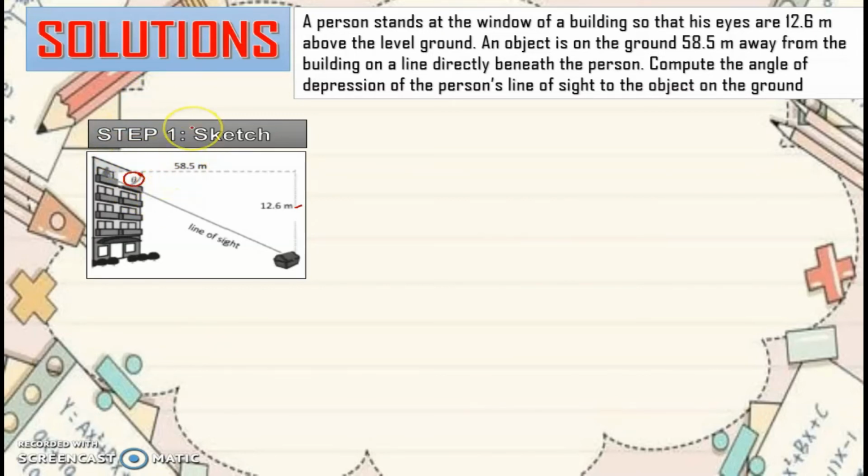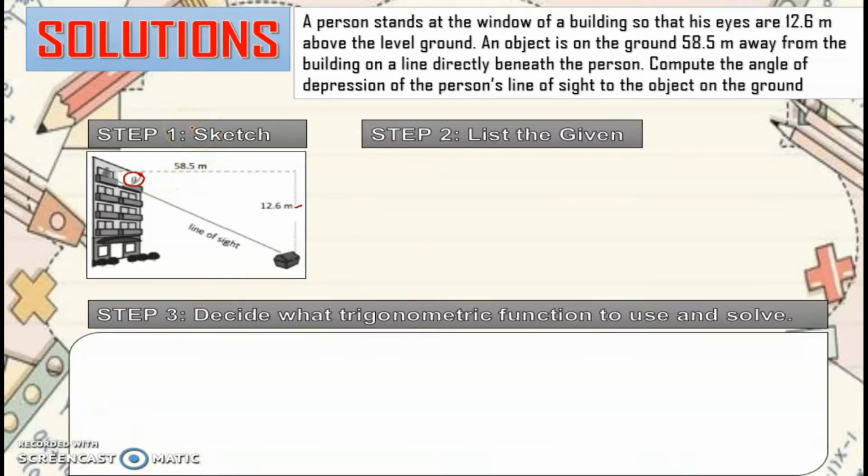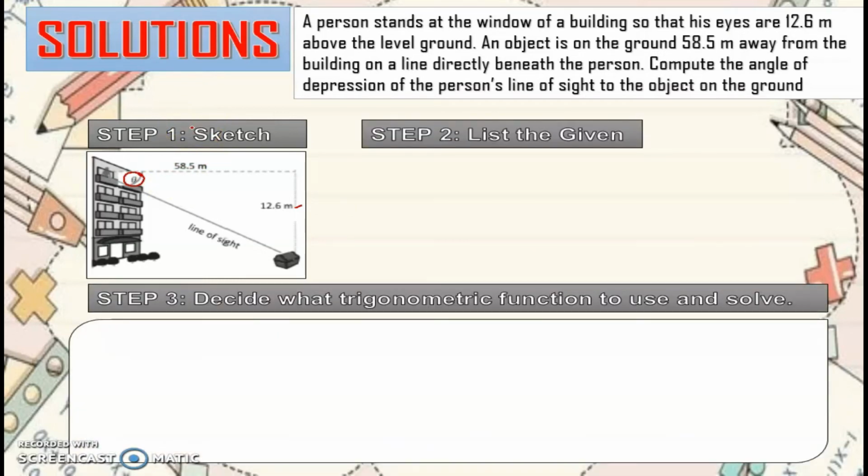So what we're going to do, second step, we need to list the given. So the given here are the angle of depression, which is the thing that we need to solve in this problem.